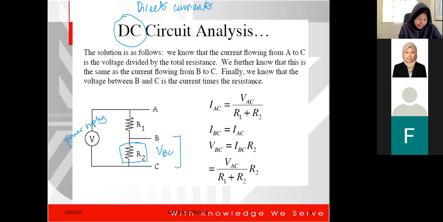So kita gunakan Ohm's law. Kan? Untuk Ohm's law, kita nak tahu VBC kan? VBC, V is equal to IR kan? Betul. Okay, so R dia kita tahu R2 sebab kita nak cari voltage across R2.